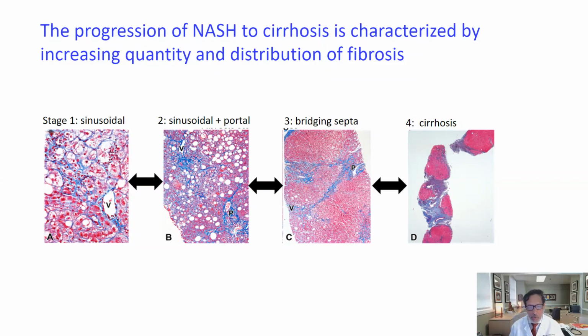You can see the P in the portal area in the second panel, and the V is the vessel, and then there's fibrosis in the middle. Then you form bridges between the central vein and the portal tract, or central vein to central vein, and eventually have complete circumscription of islands of liver tissue or regenerative nodules, and that is cirrhosis.